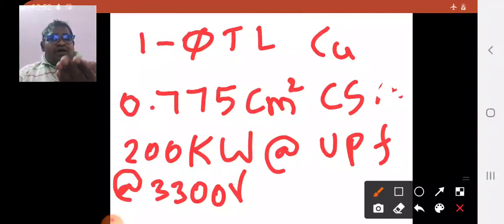We know that R is equal to rho L by A. By substituting all the values, rho you know, A you know, and R you know, so you can find the value of L. But before that, first you need to find the loss, and from that loss you can find the value of capital R.